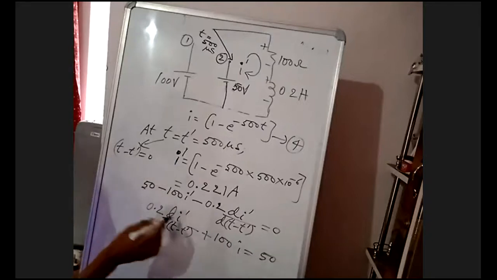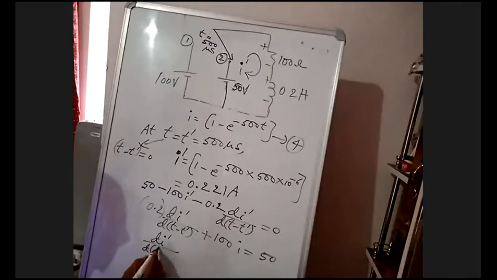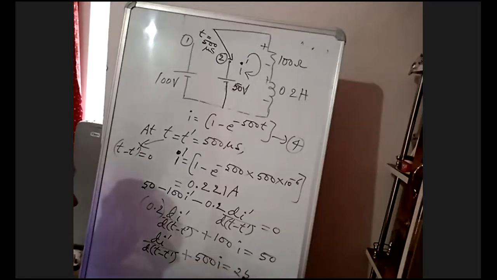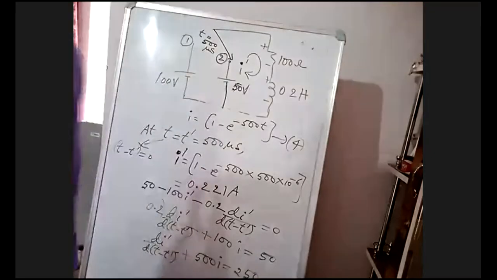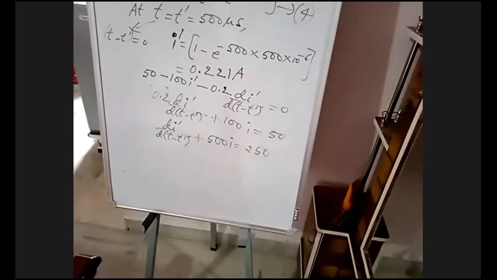Now make the coefficient of di by dt minus 1.